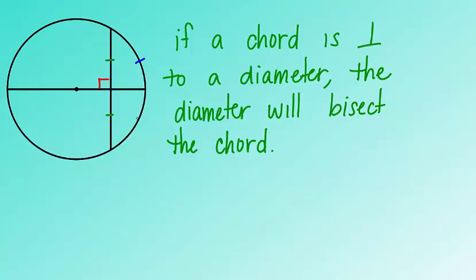It'll also bisect the arcs. I also know that its converse is true. So if I have a chord that is bisected by a diameter, it must be perpendicular.